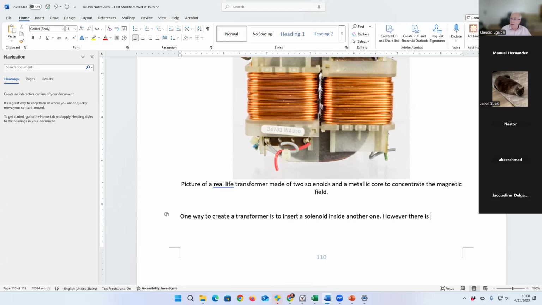However, there is a more practical configuration that uses a metallic core to connect two separate solenoids, just like the figure above.